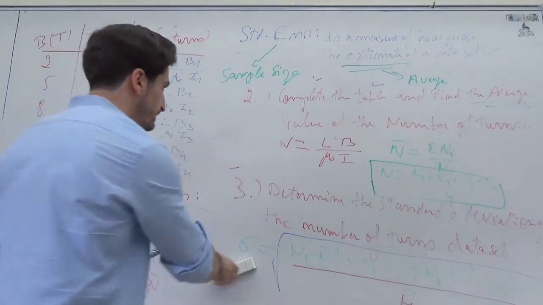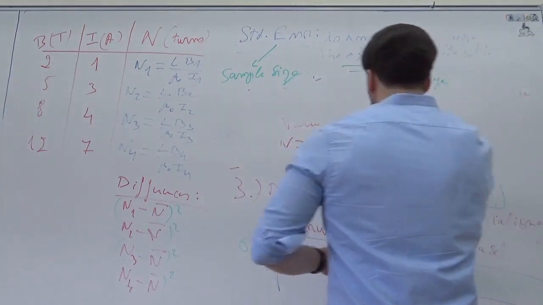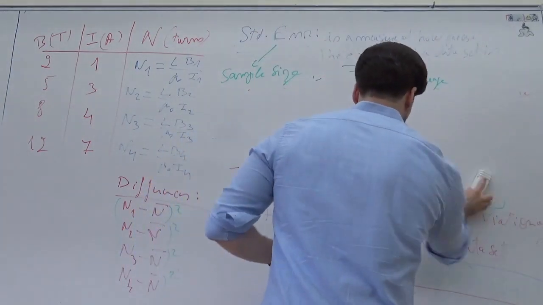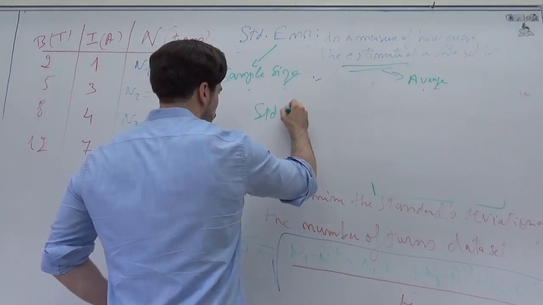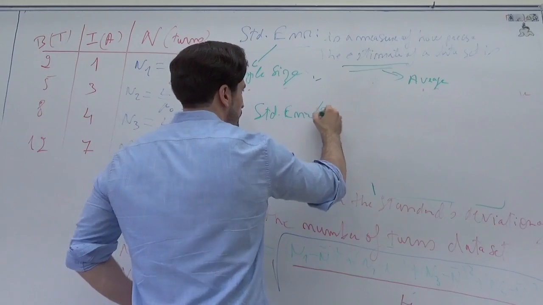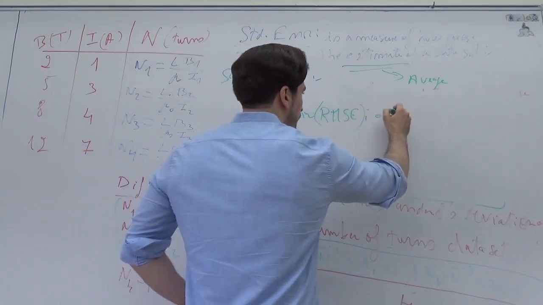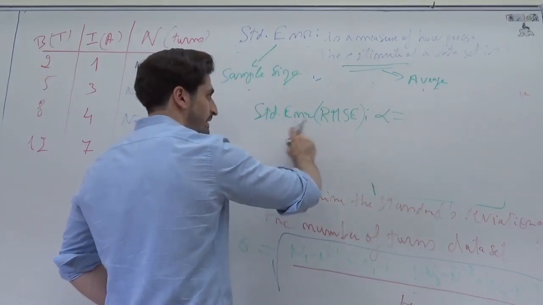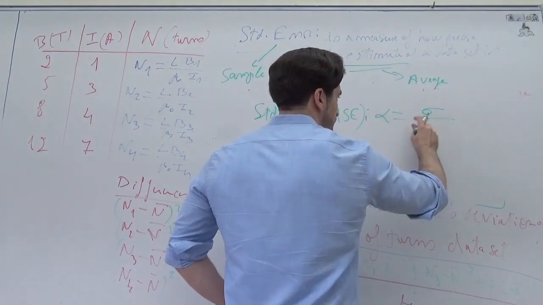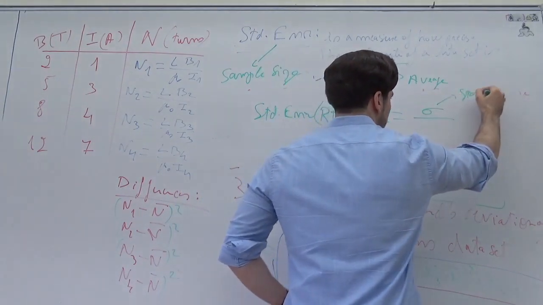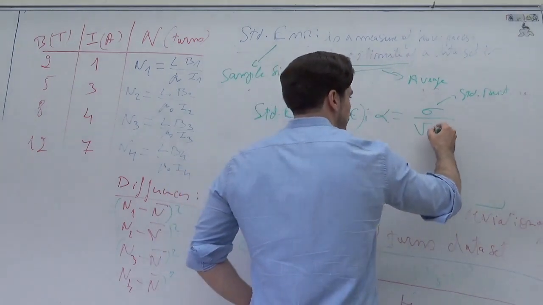Because mathematically, the standard error, or you can call it the root mean squared error, or the error on the average, is given as alpha equal to sigma divided by square root n, where the symbol of the standard error is alpha, and sigma over here is the standard deviation.